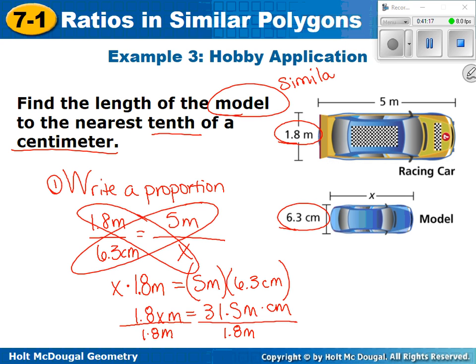What's going to happen to the meters on the left? Cancel, and the 1.8 cancels, right? What's going to happen to the meters on the right? They cancel. And what is 31.5 divided by 1.8? To the nearest tenth, 17.5.